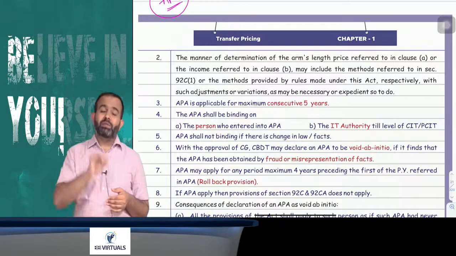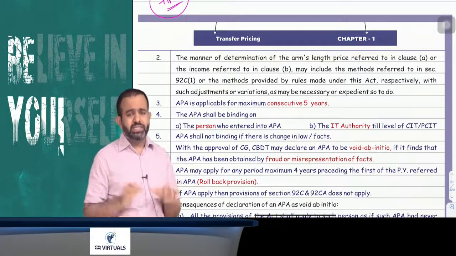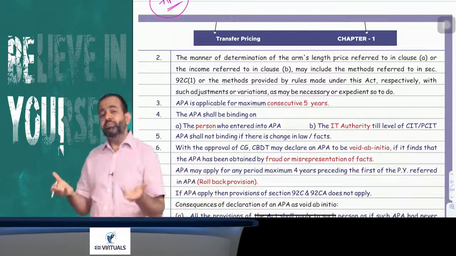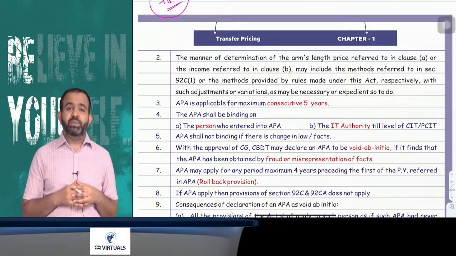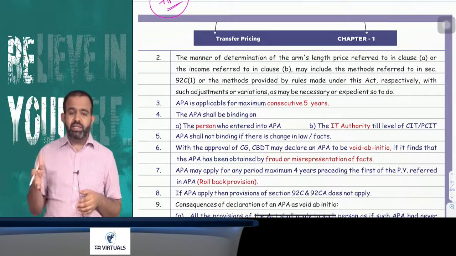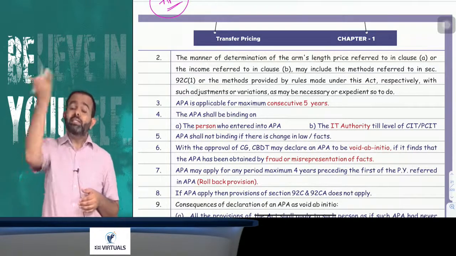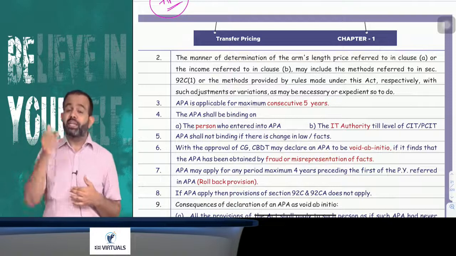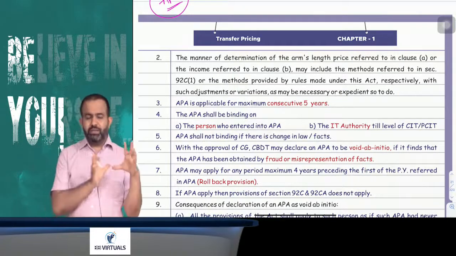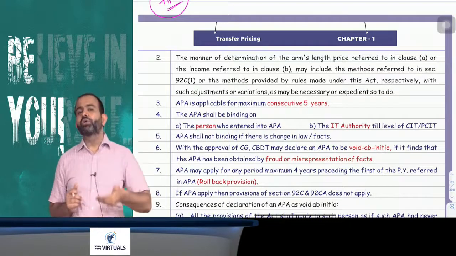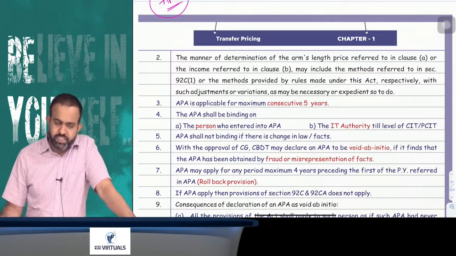Suppose CUP method or RPM or TNMM or PSM, or whichever method is applicable, they will mention. Or they will give the manner of computation of arm length price. They may include any method out of the 5 methods, or they may include any other method also, or they may include any method out of those 5 methods with some modification or alteration. So they will mention in the agreement how your arm length price will be calculated. You got my point or not?